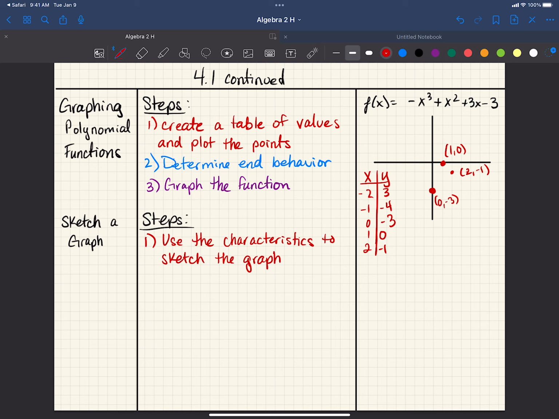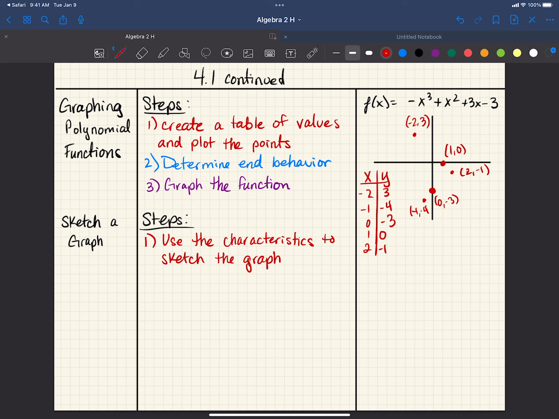And then -1 to -4. And then -2 to a +3. So that's kind of what my graph looks like.